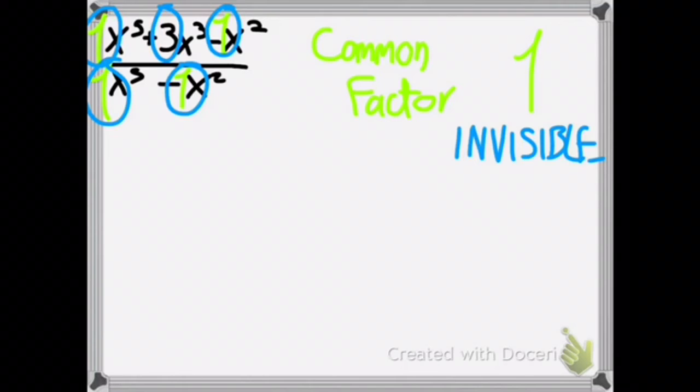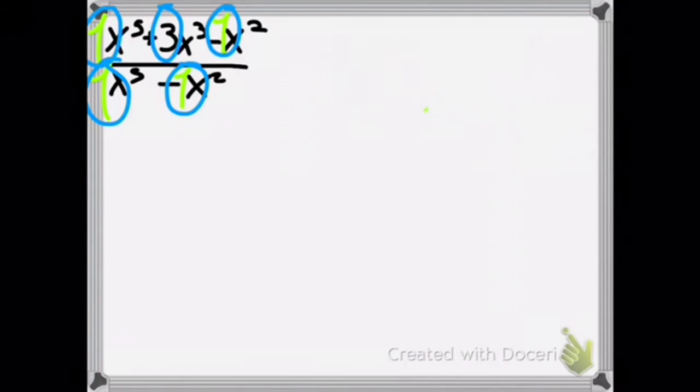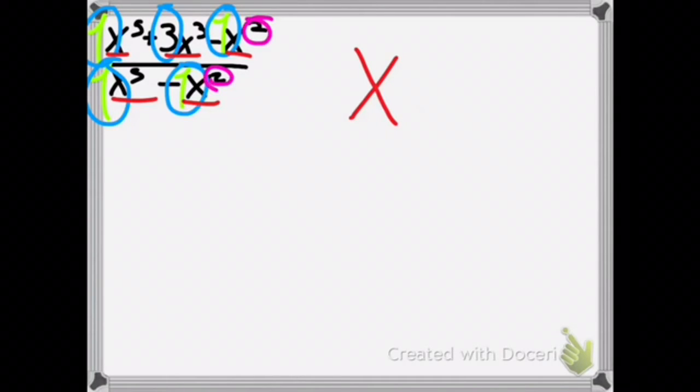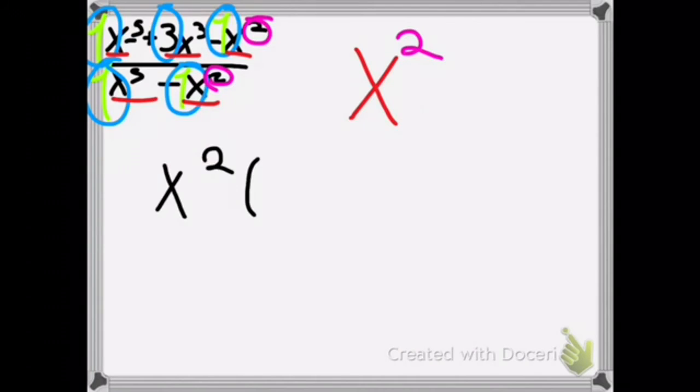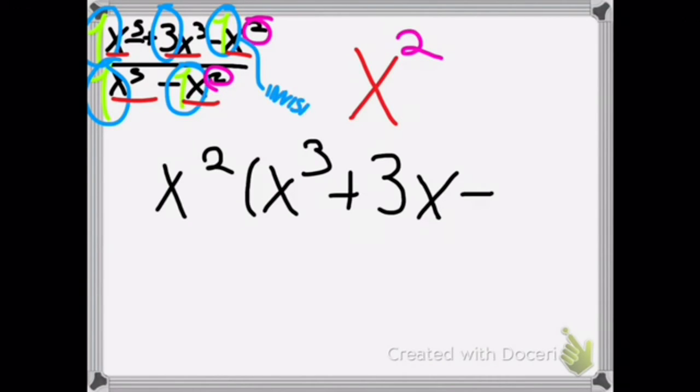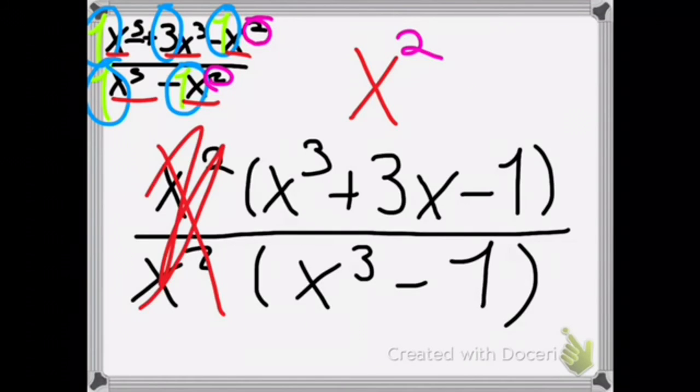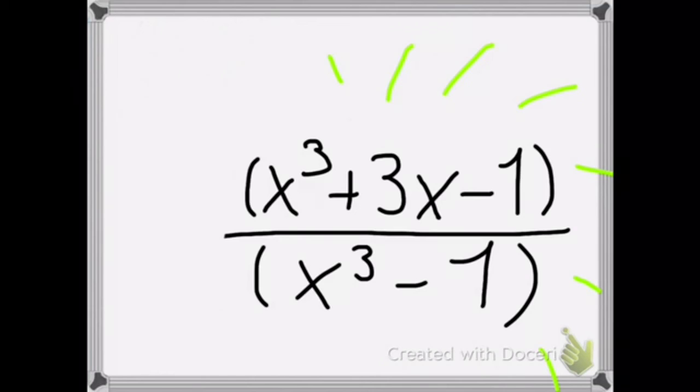So this is our coefficient in our monomial. Then x is repeated in all of them, so it is part of our monomial. And 2 is our lowest exponent, so our monomial is x elevated to the 2nd power. Now let's make the operation. It will be like this. And finally we can cancel x elevated to the 2. And this is our result.